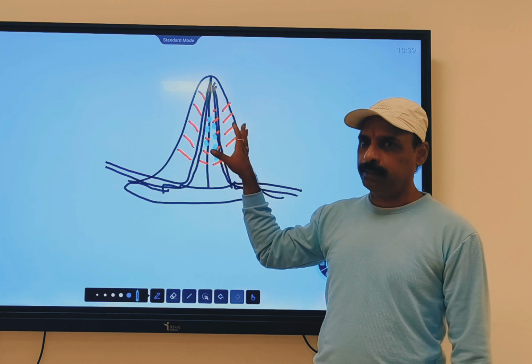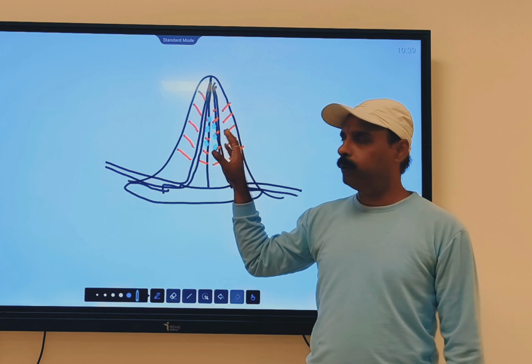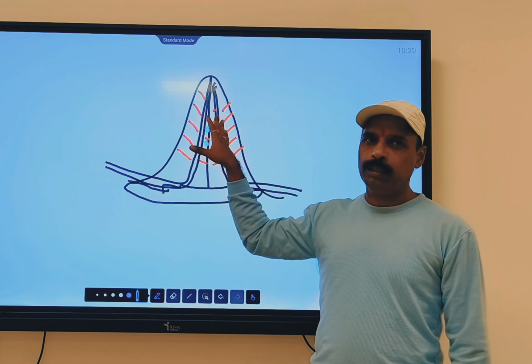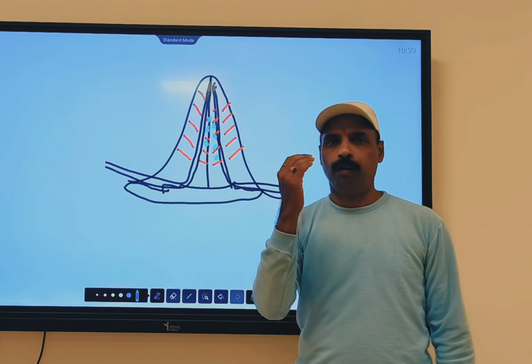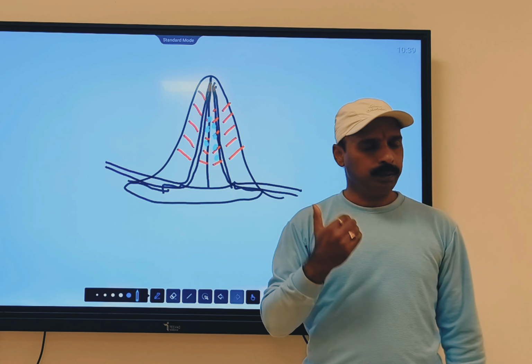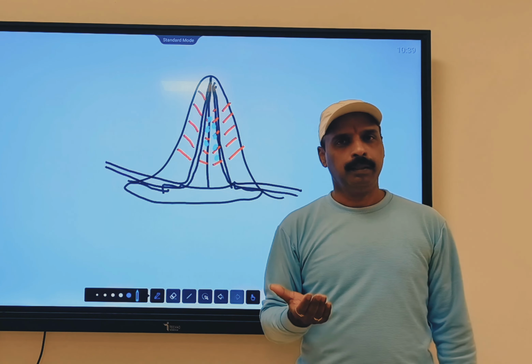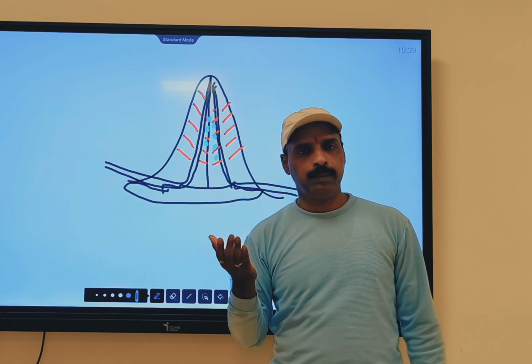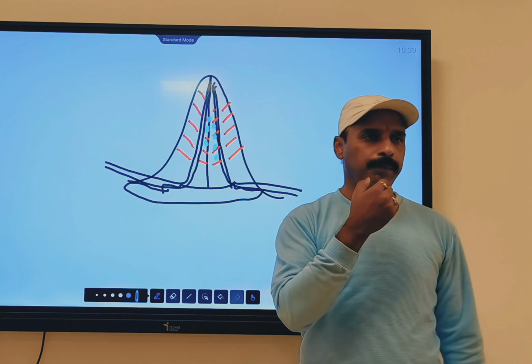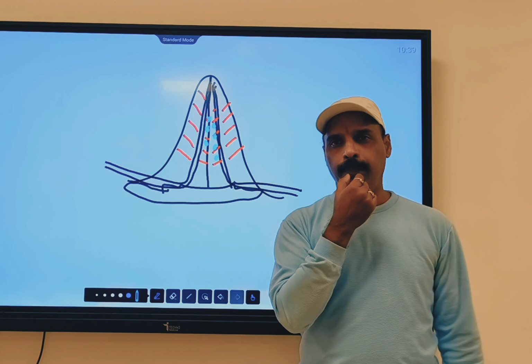What is the draining area of these lymph nodes? First, the superficial tissue below the submental region, meaning the skin of the whole submental region. Second, the central part of the lower lip.